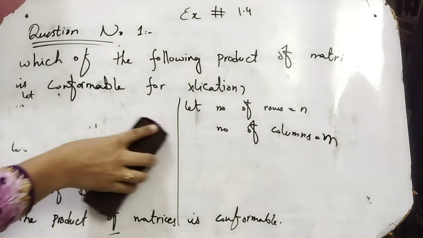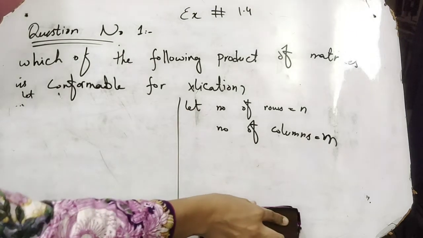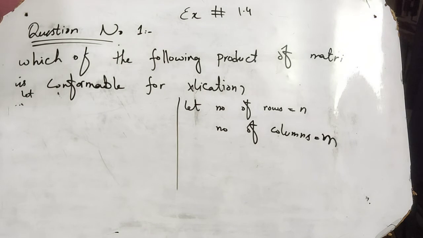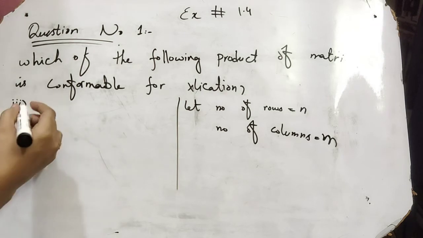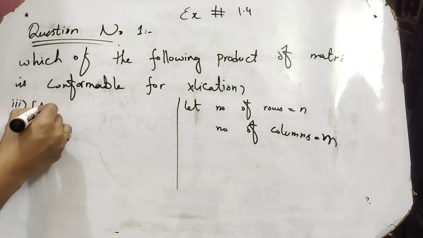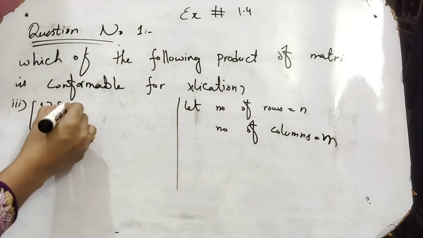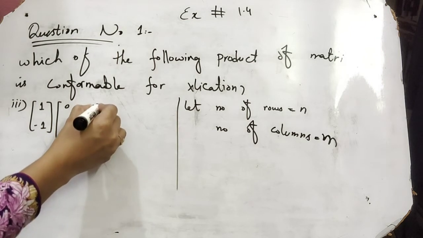Now we move toward the third part. The third part is 1, minus 1, 0, 1, minus 1, 2.